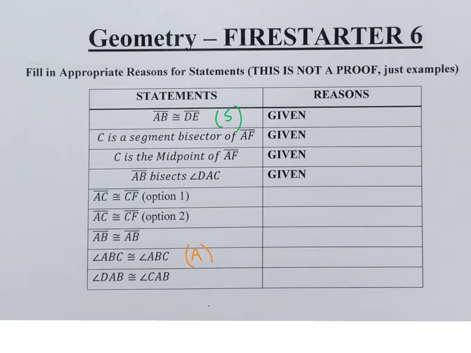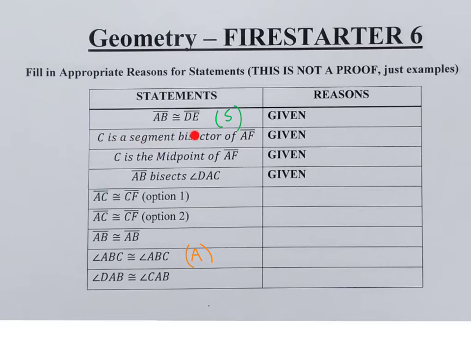Sometimes they'll talk about midpoint. Midpoint's the same thing. If C is the midpoint between A and F, it means those 2 are congruent. Now, if I don't know what midpoint is, I'm not able to say this statement. So this is because I had to know the definition of midpoint. So the idea here, guys, is that we use information from the problem.